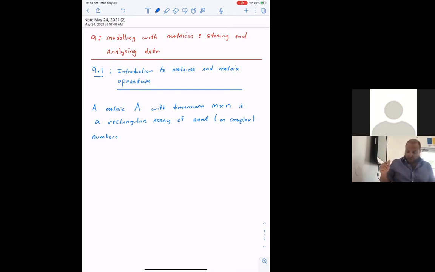But a matrix A with dimensions m by n is a rectangular array of real or complex numbers containing m rows.